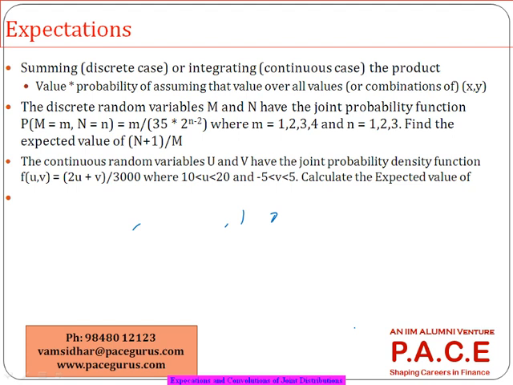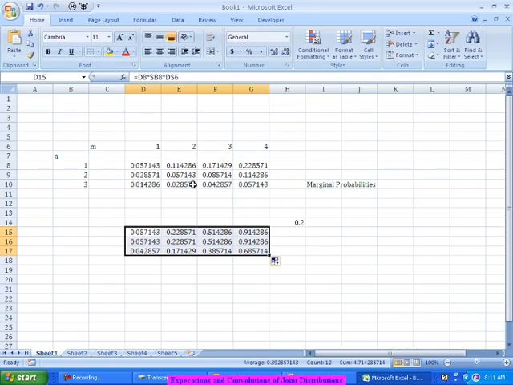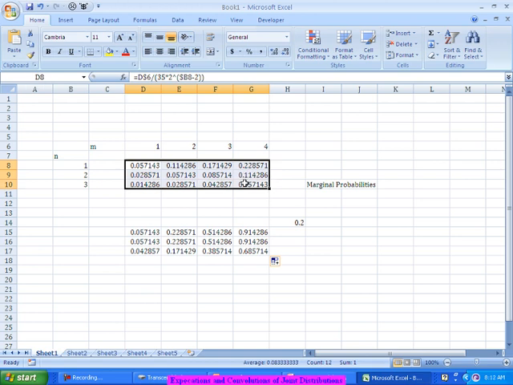In this case, he is asking not for the expected value of just M, N, but for the expected value of N plus 1 by M. So N plus 1 by M we can take in each of the cases. All we are doing here is, instead of directly multiplying MN, we have to multiply N plus 1 by M with the corresponding probabilities.